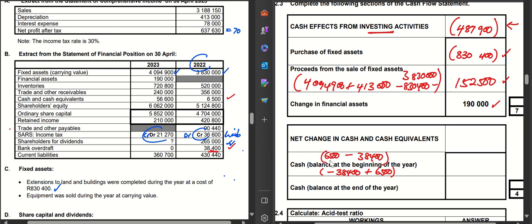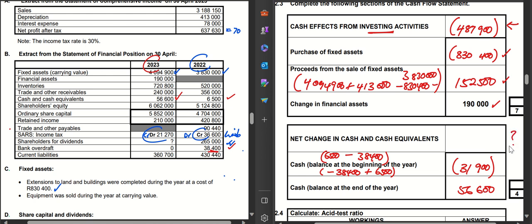Your calculator will show you that the difference is the same, which is, if you punch this in your calculator, you end up with a negative 31,900. Okay, and then in the year 2023, your cash and cash equivalents is 56,600.